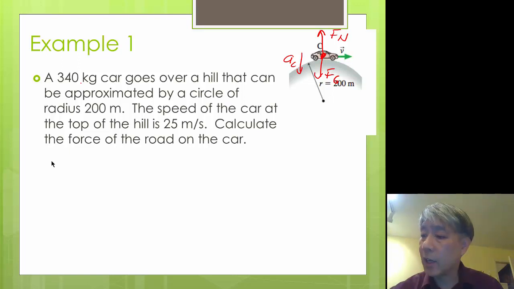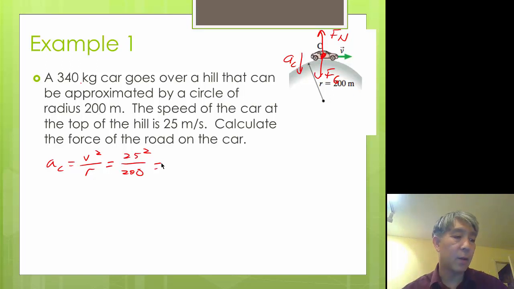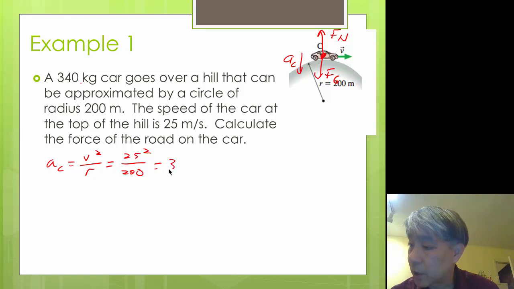And that actually has a value because I'm given v and r, of v squared over r, or in this case 25 squared over 200. If I plug that in, I find that my acceleration in this case is 3.125 meters per second squared.